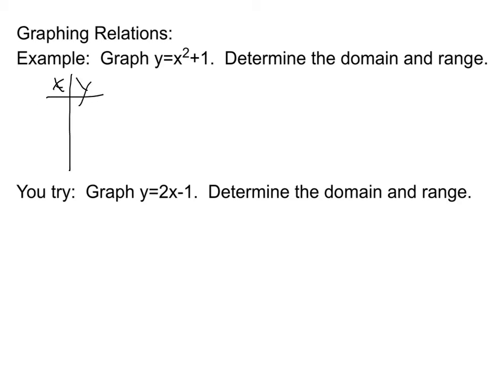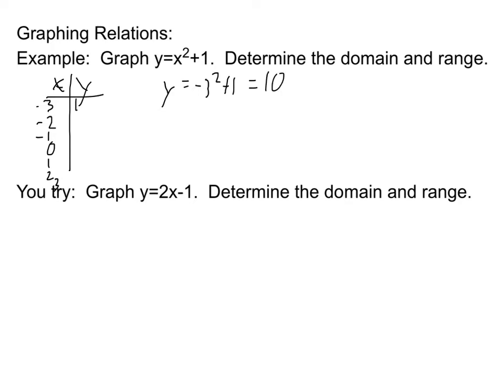Usually I go -5 to 5, but since I don't want to keep you here all afternoon or evening or whenever you're watching this, I will just make it from -3 to 3. So if I plug this in, I'm looking for y equals -3 squared plus 1. Okay, -3 squared is -3 times -3, which is 9, plus 1 is 10.